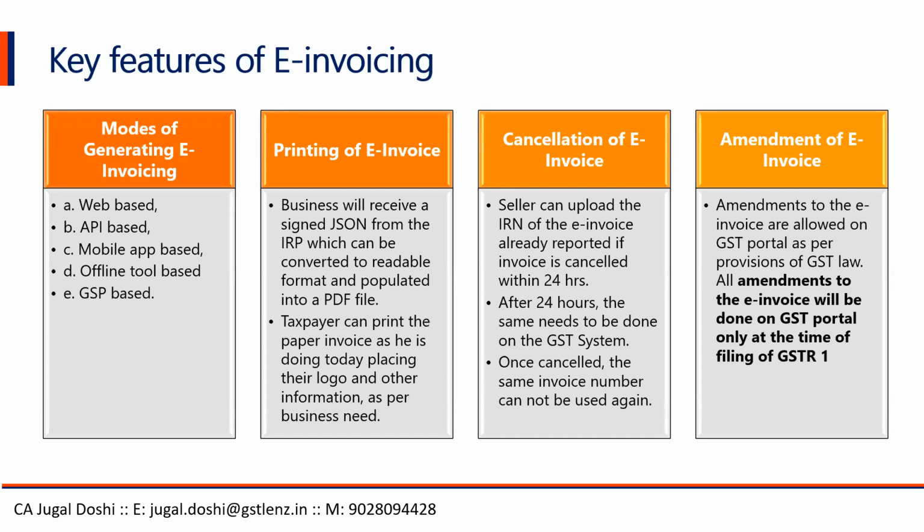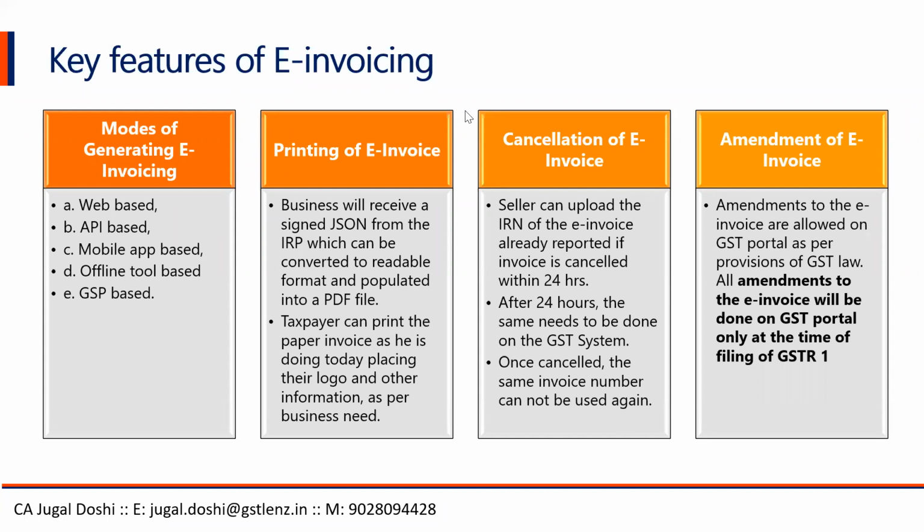One more way which we have is, you issue a credit note for this invoice and you generate a new invoice. So that is the thing which can be done. As far as the e-invoicing portal is concerned, cancellation is possible only within 24 hours.